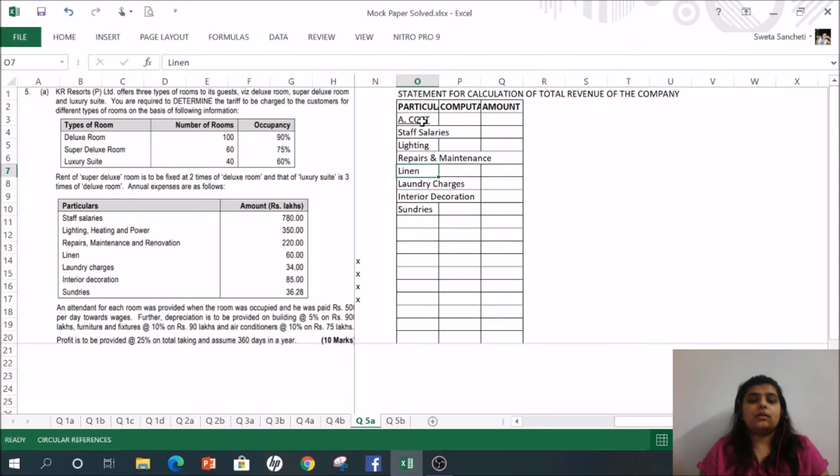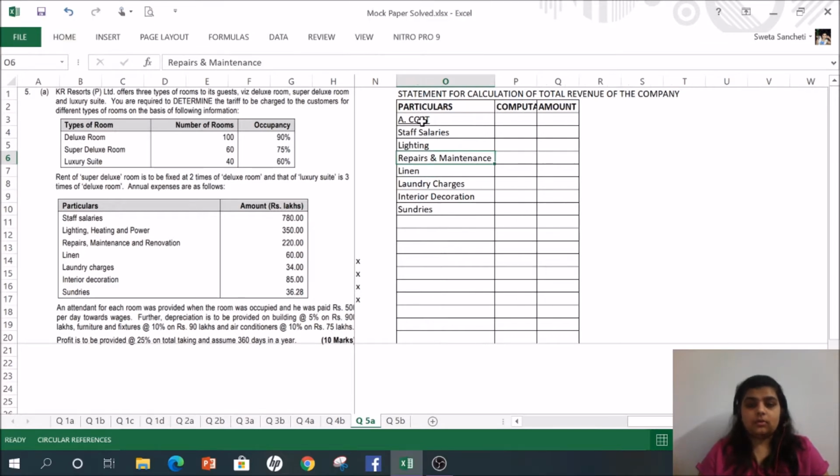All these costs are given to us directly. In the computation I'm going to write given, and the values are 780 lakhs, 350 lakhs, 220 lakhs, 60, 34, 85, 36.28.